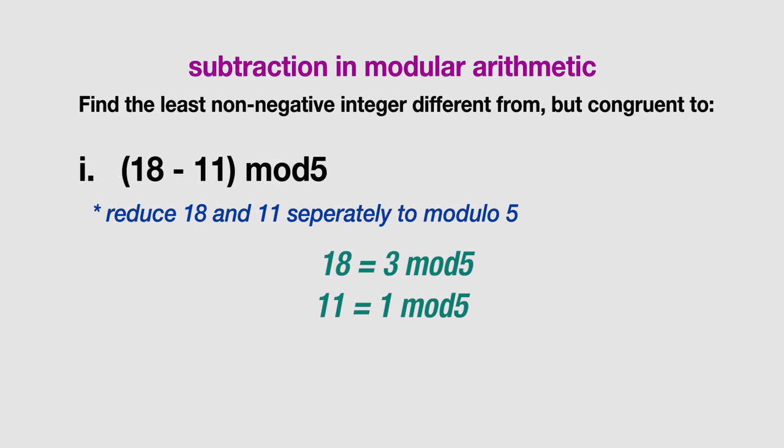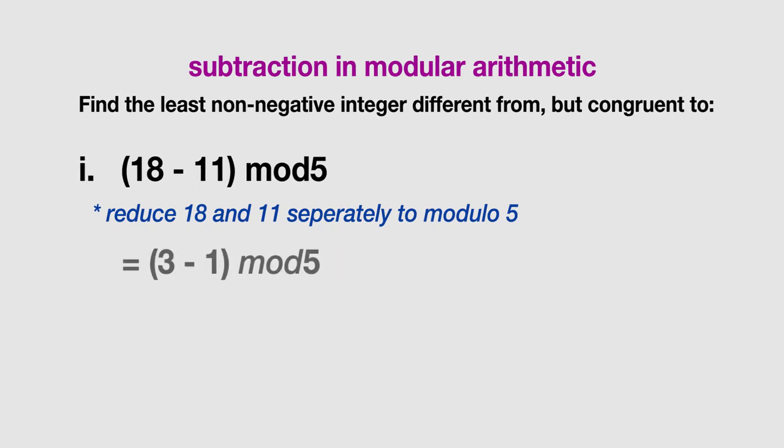Reducing 11, we divide by 5 and we get 2 remainder 1. And so we take the remainder 1. So our question becomes 3 minus 1 mod 5. When we subtract, we get 2 mod 5. So our answer is 2 mod 5.